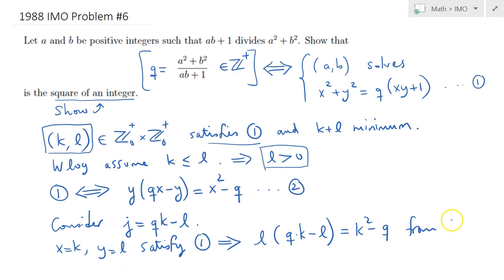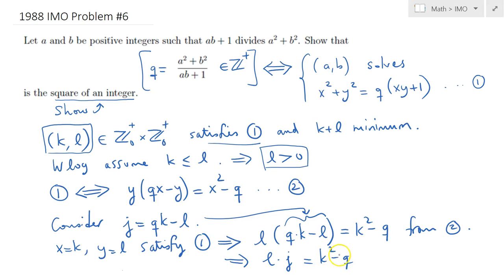But from my definition, qk minus l is just j, so I come up with l times j equal to k squared minus q.